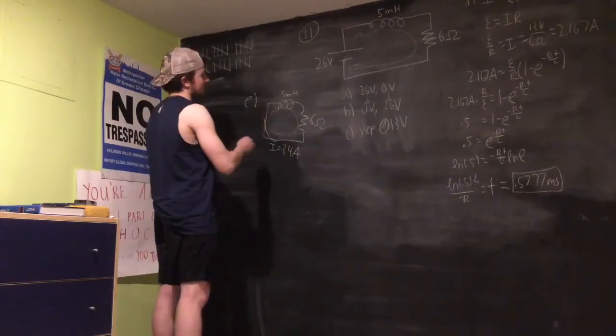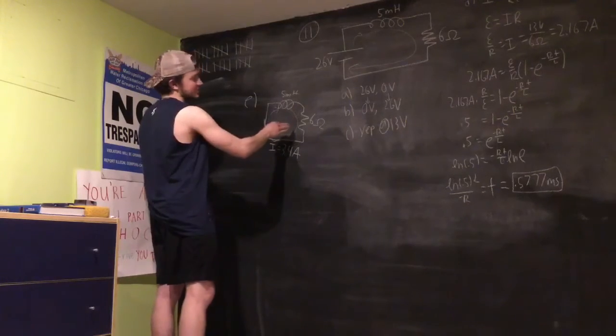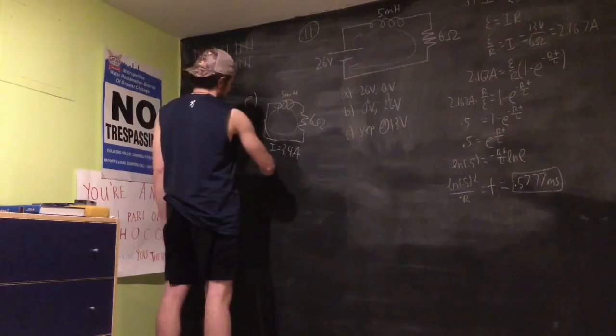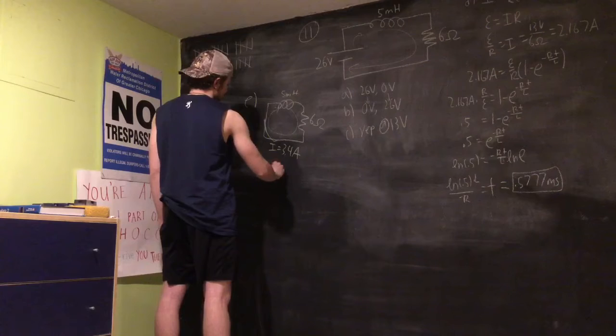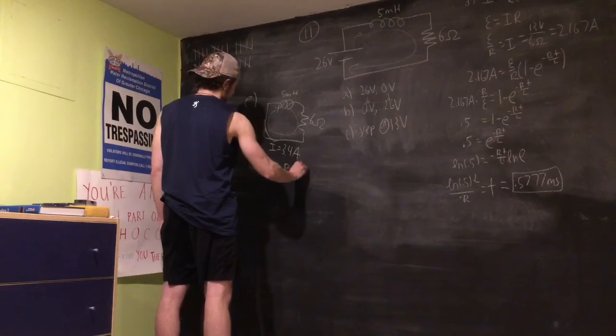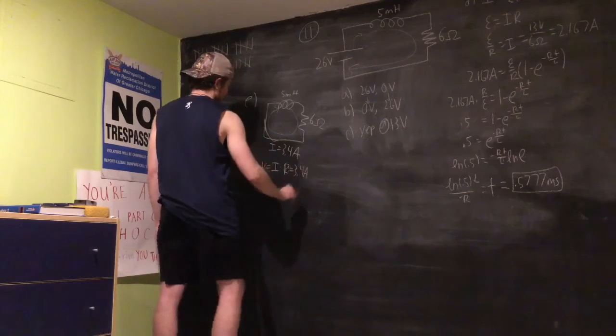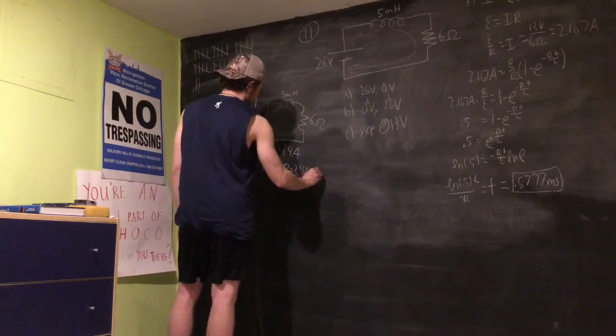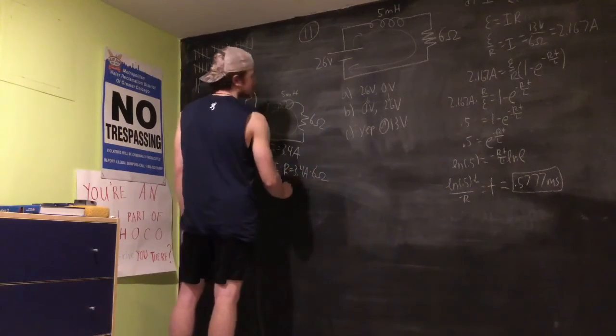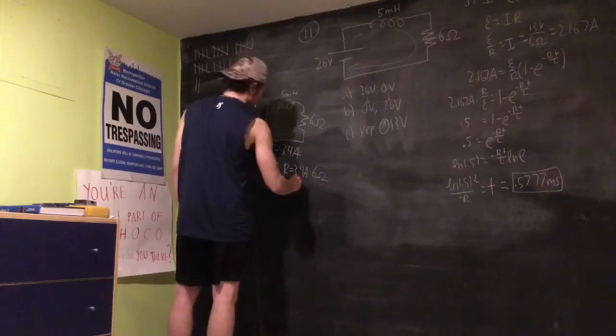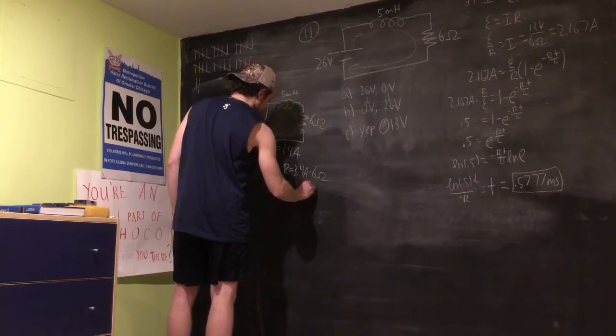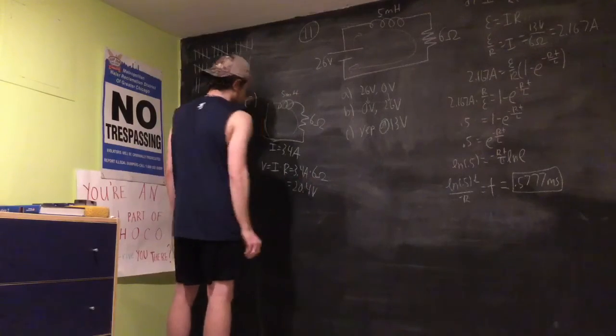So shortly after this happens, the voltage drop is just going to be equal to the current times the resistance, which is 3.4 amps times the 6 ohms, which is 20.4 volts.